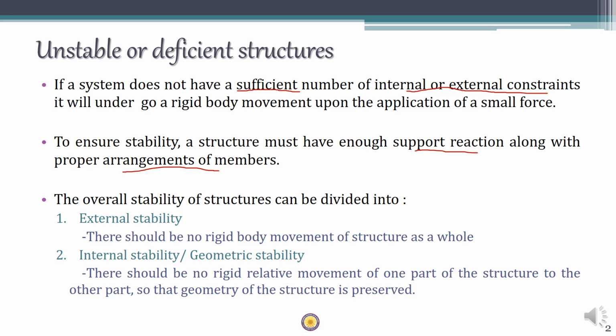And the structure is said to be internally stable if there is no rigid relative movement of one part of the structure with the other part. So it basically relates to preserving the geometry of the structure.